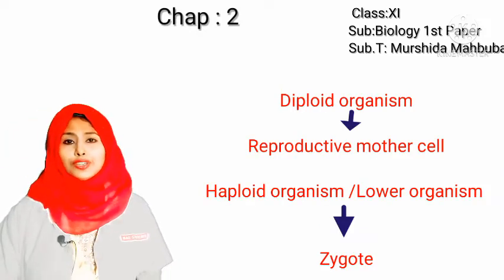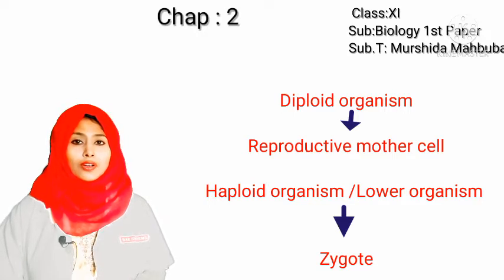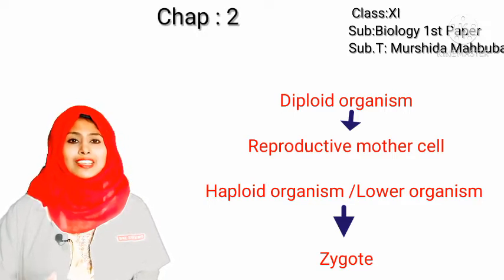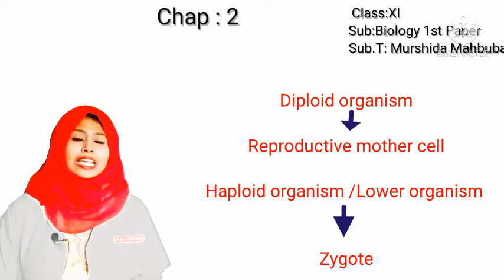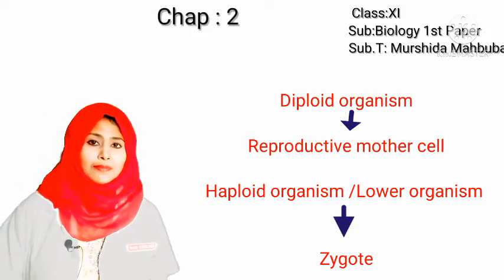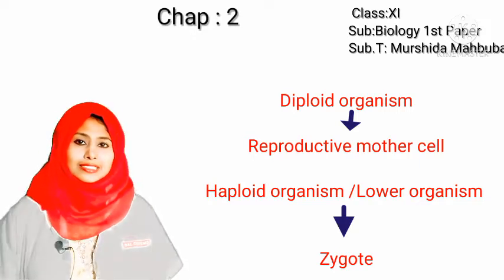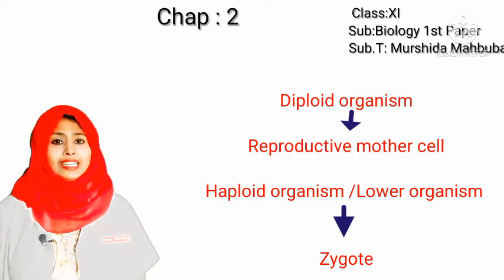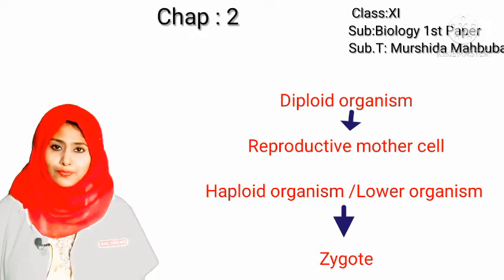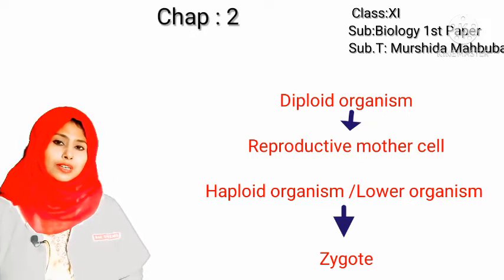My dear students, you know where meiosis occurs? Meiosis always occurs in the reproductive mother cell of diploid organisms to produce haploid gametes, and in the zygote of lower organisms to produce haploid organisms.